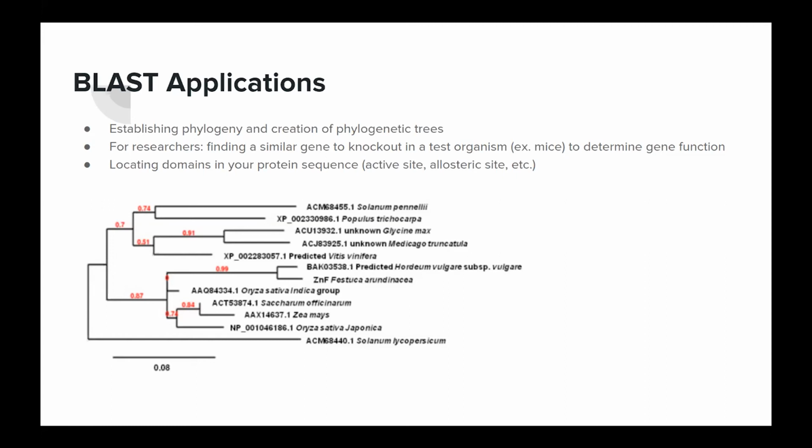And when you test an organism, you want to be able to find good data and a good test to see if we can apply that to humans or other animals. And then it can locate domains in your protein sequence, active site.